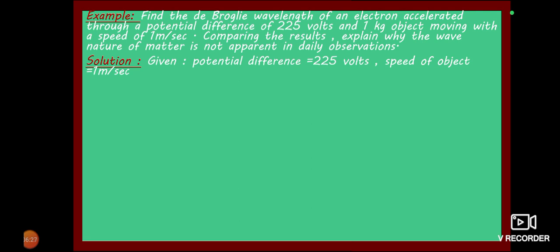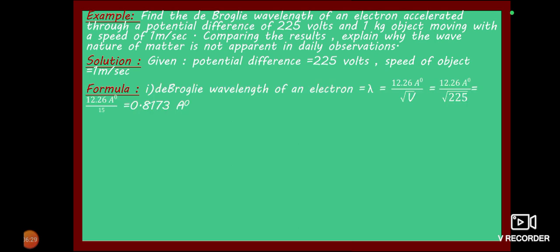The formula we saw for an electron, we will write the same here. So de Broglie wavelength of an electron, lambda, is equal to 12.26 angstrom upon square root of V. So just substitute the value 225 for V and solve it. Then the answer will be 0.8173 angstrom.